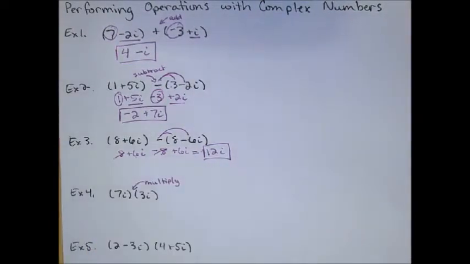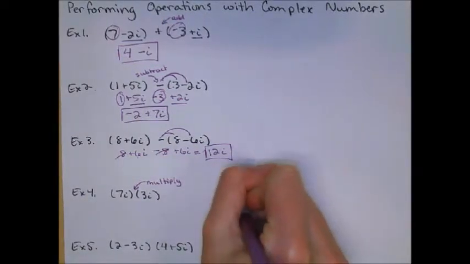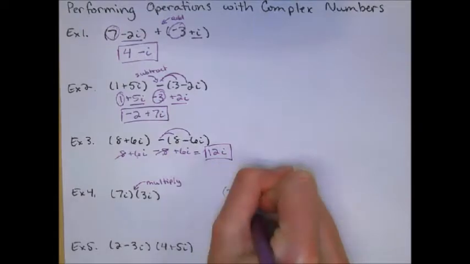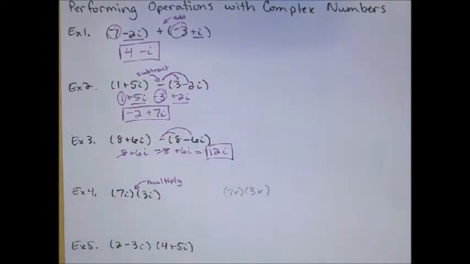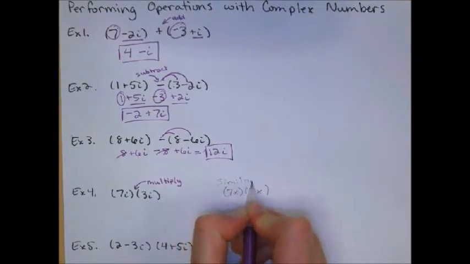We can think of it similarly as when we had 7x times 3x. We multiply the 7 and 3, x times x is x squared, so we're going to be doing the same thing. This is just what it's similar to. 7 times 3 is 21. i times i is i squared.